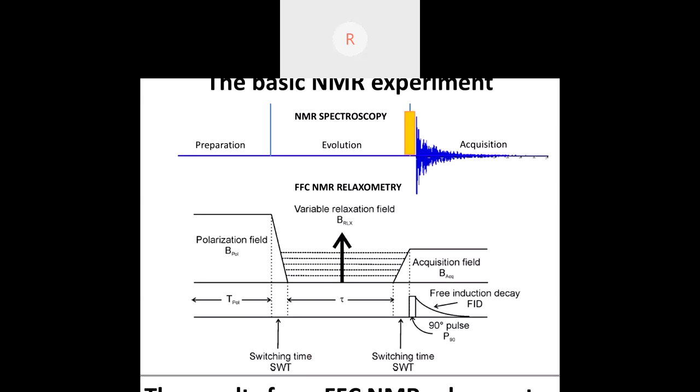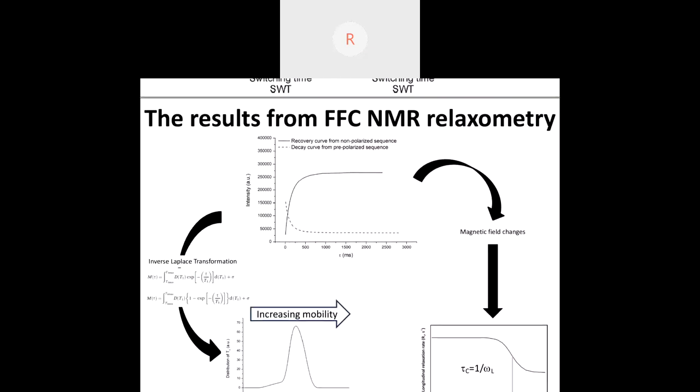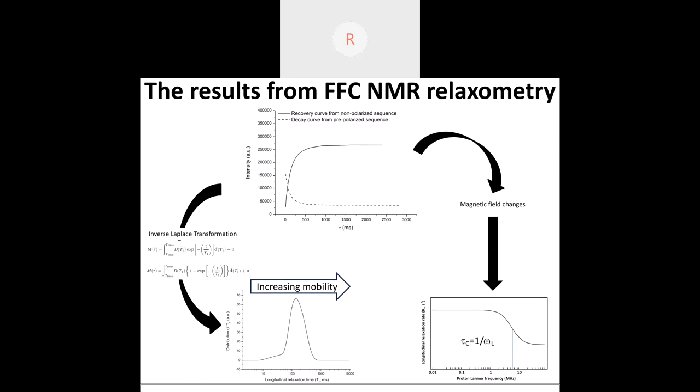But apart from this, we have different possibilities to monitor the FFC NMR relaxometry results. One is by looking at the relaxograms, and one is by looking at the NMRD profiles. In both cases, we have different and complementary information that in terms of environmental applications are very, very useful.